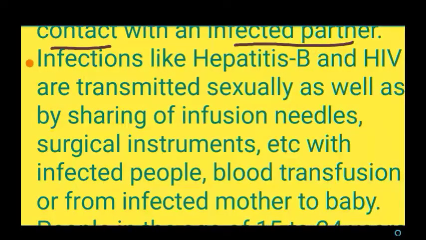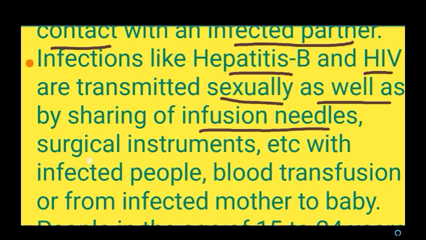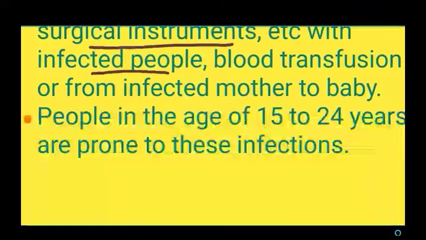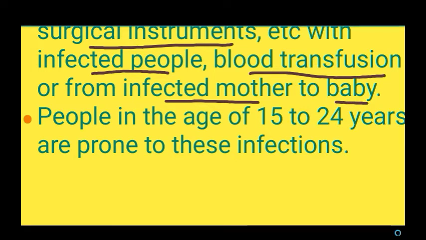In the case of hepatitis B and HIV, they are transmitted sexually as well as by sharing infusion needles and surgical instruments with an infected person. They are also transmitted through blood transfusion and from an infected mother to her baby. Mainly people in the age group of 15 to 24 years are more prone to these infections.